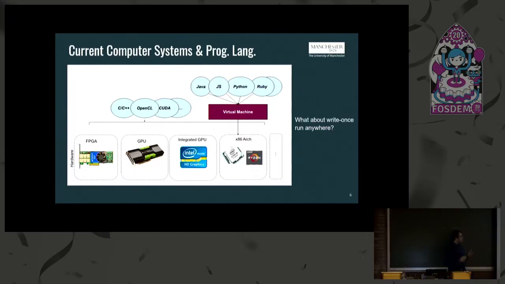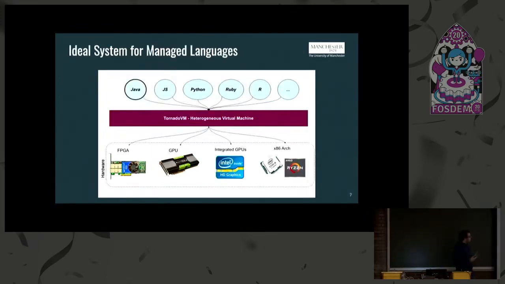Therefore, currently, there is no framework that allows Java to transparently generate dynamic code for any hardware device, like FPGA or GPU, transparently to the user. And this is the main motivation of our work. So we envision a system that will allow these languages to transparently exploit all the available hardware on the platform.